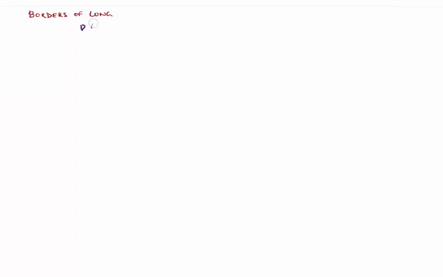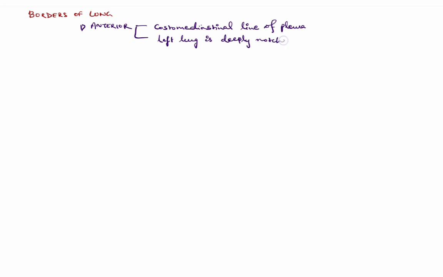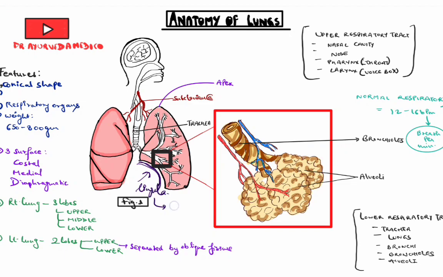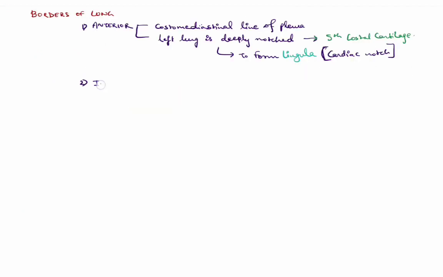If we talk about the borders of the lungs, then the anterior border has the costomediastinal line of pleura. The left lung is deeply notched at the fifth costal cartilage to form the lingula, which is the cardiac notch. As you can see here in this image, it is deeply grooved at the fifth costal cartilage.